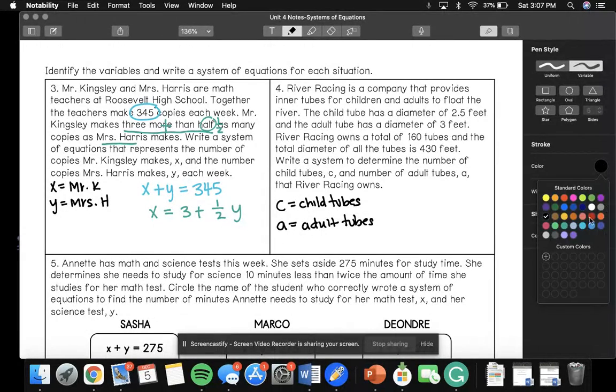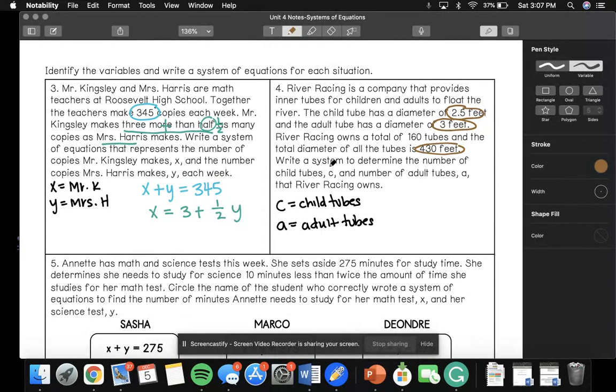Okay, so we have 2 conditions or 2 constraints. The first we know is that a child tube has a diameter of 2.5 feet and adult tubes have a diameter of 3 feet. Now, 160 is not talking about the diameter, but this 430 is. So it says the entire diameter of every single tube, if we lined all of them up, would be 430 feet.